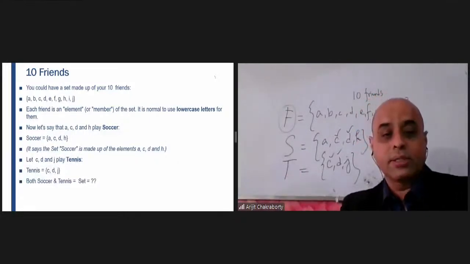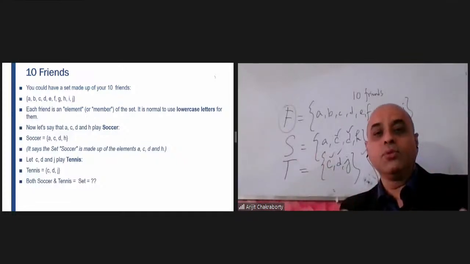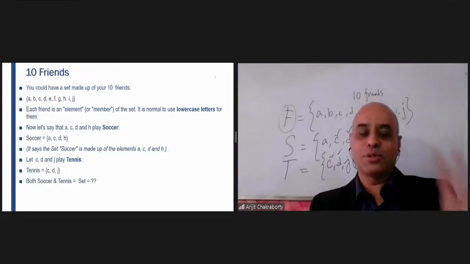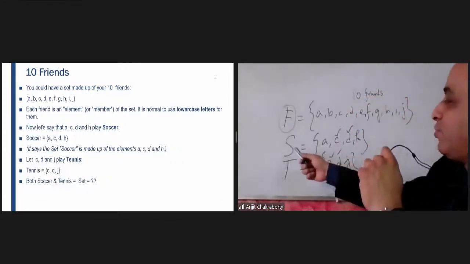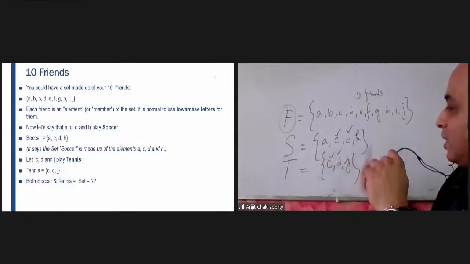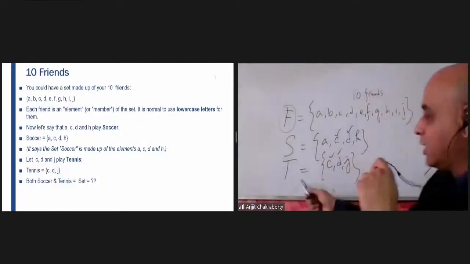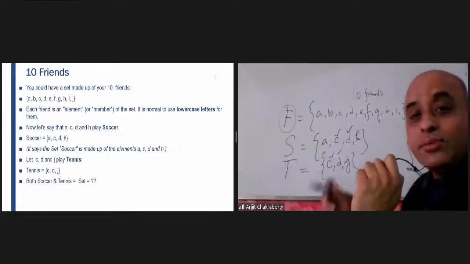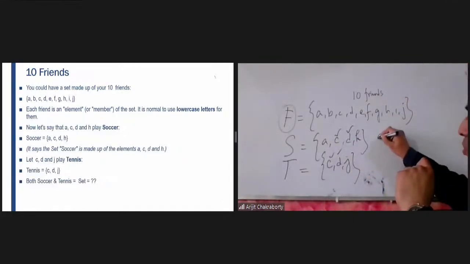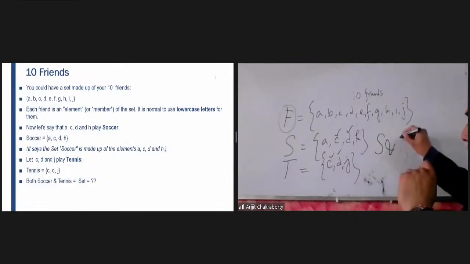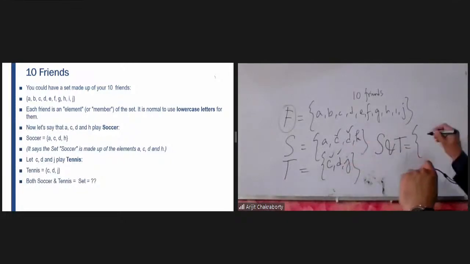Therefore, if I ask you who are the friends who play both soccer and tennis, I was already giving a hint. You can see the friends who play soccer, a, c, d, and h, and the friends who play tennis, c, d, and j. So the set of people who play both soccer and tennis will be basically 2 friends, c and d.